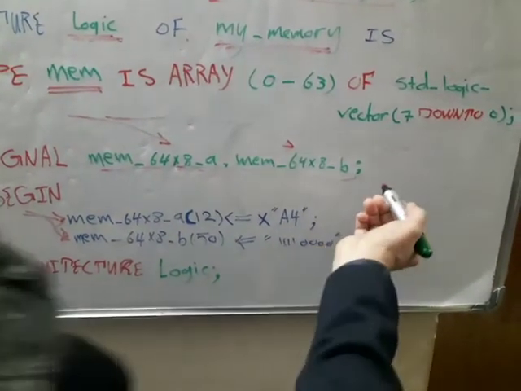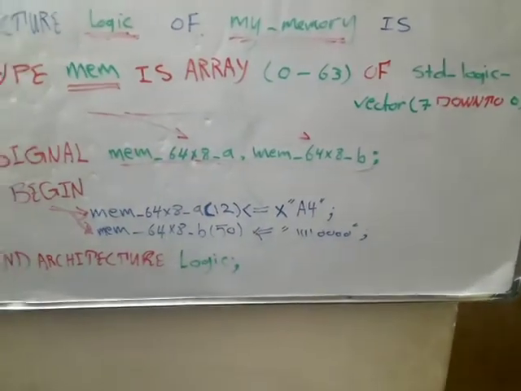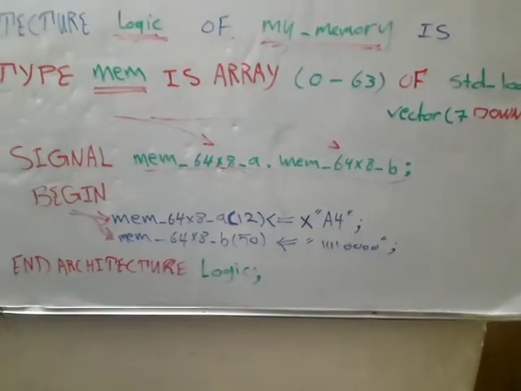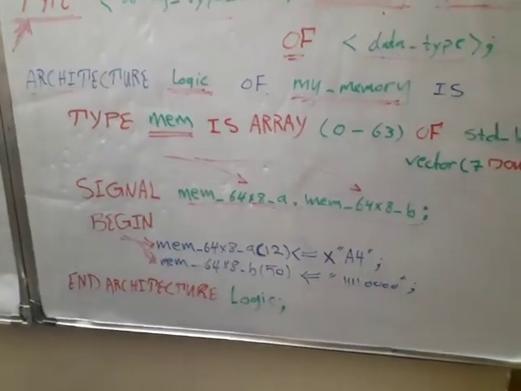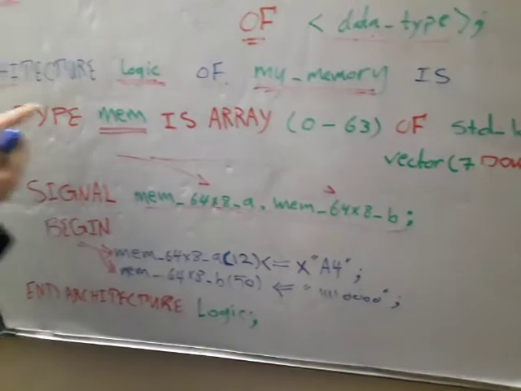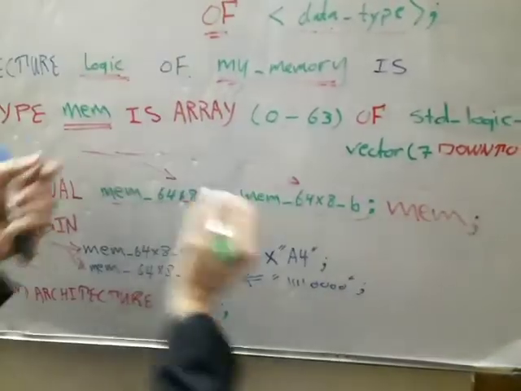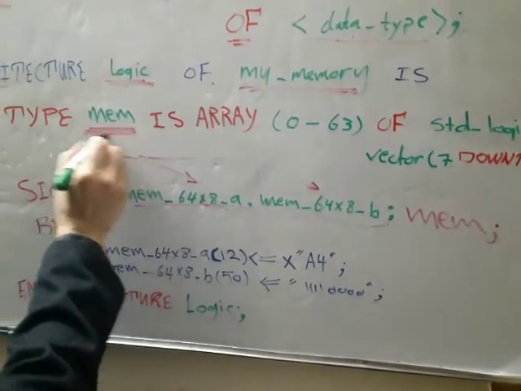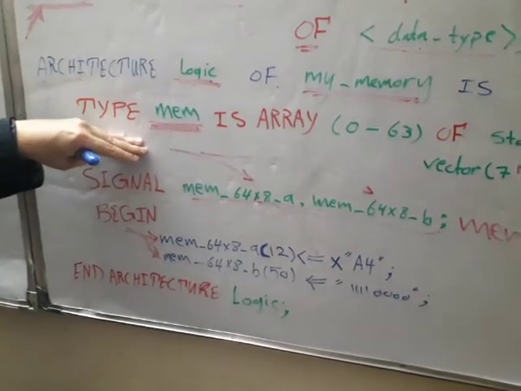Which type can be given to these two signals? Standard logic cannot be useful. Bit cannot be useful. But here we define a new data type, so we can put mem. Mem was defined in the previous statement.